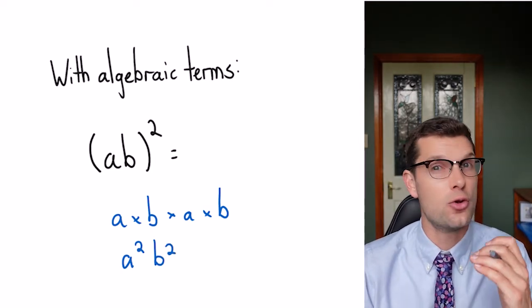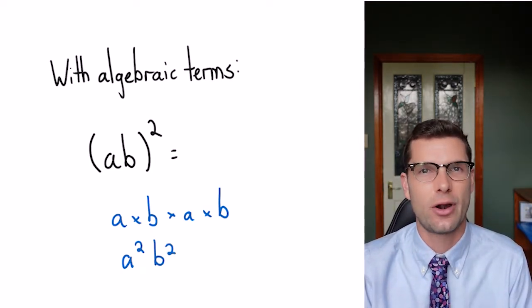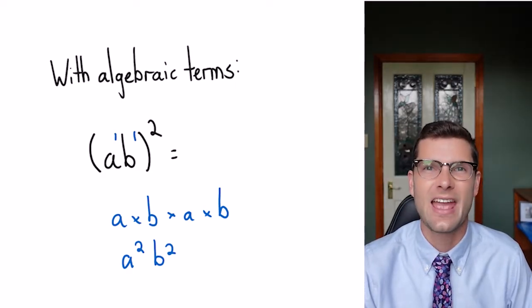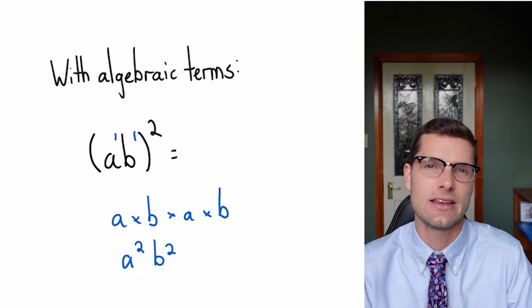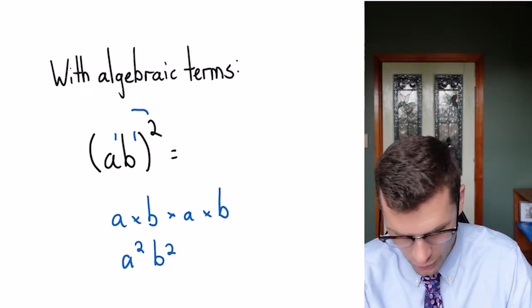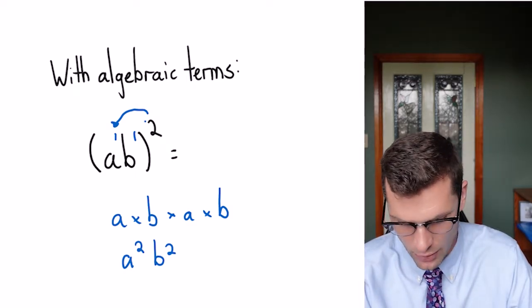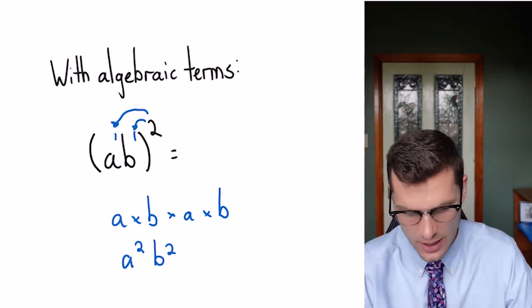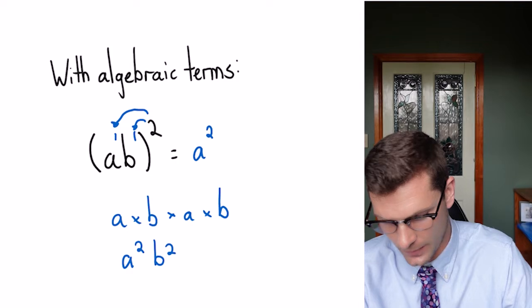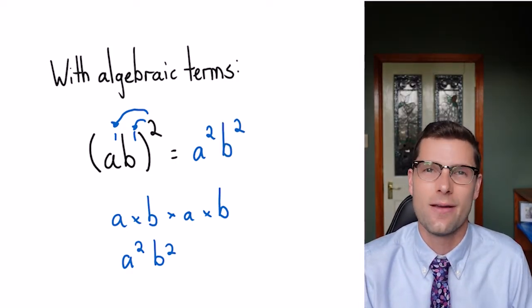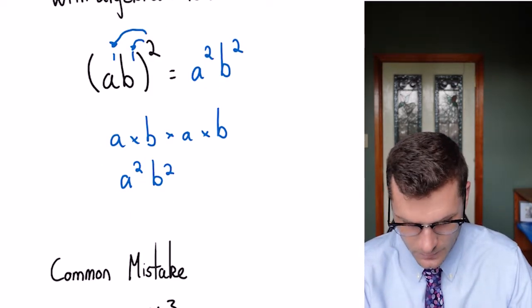So because there's no little number above either algebraic term, I want you to imagine there's a little 1 on both of them. And that way we can still do our same trick. This 2 multiplies by the a twice, and then multiplies with this 1 from the b, leaving us with a squared b squared. That's just a little hint, so we don't have to do any further expanding.